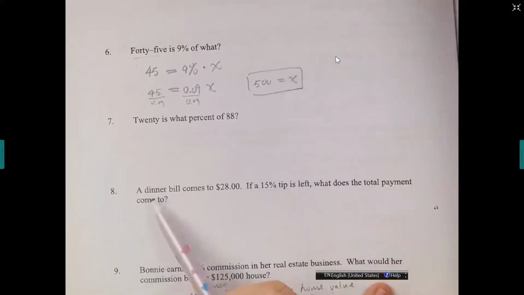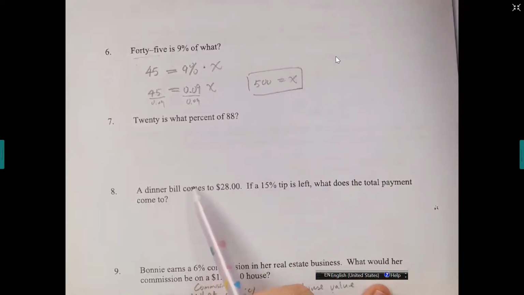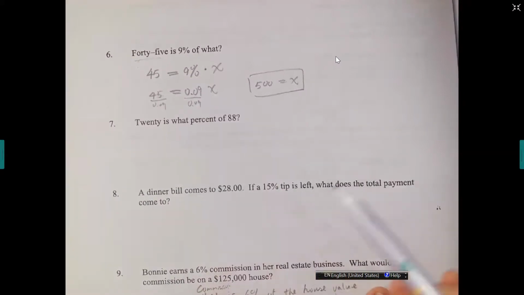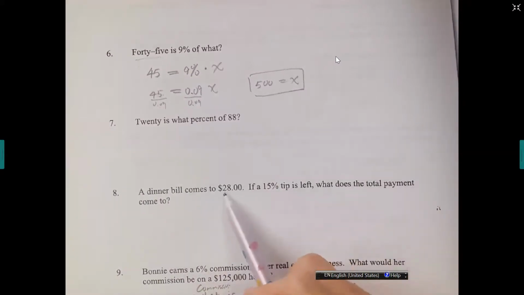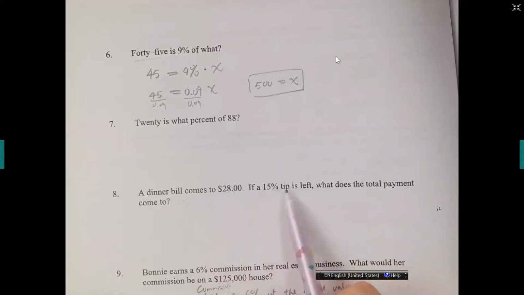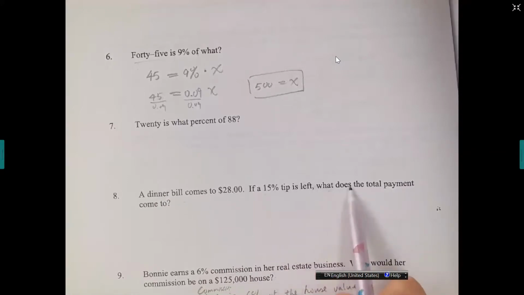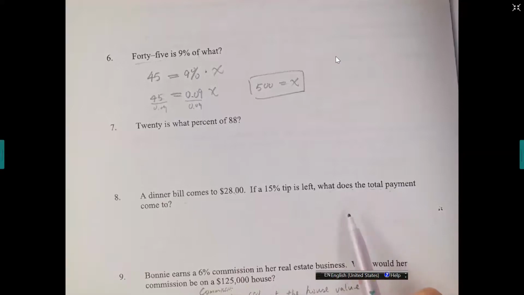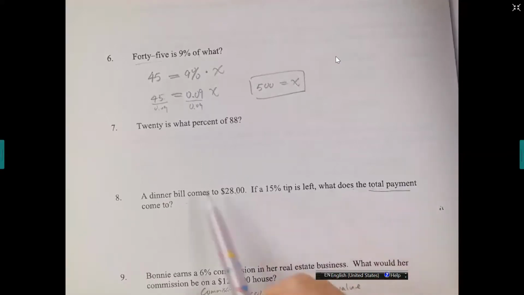A dinner bill. So we go out to dinner, and the meal costs, including taxes, a total bill for dinner of $28. And if we are going to leave a 15% tip, what is the total payment? So pay attention to the question here. What is the total payment?